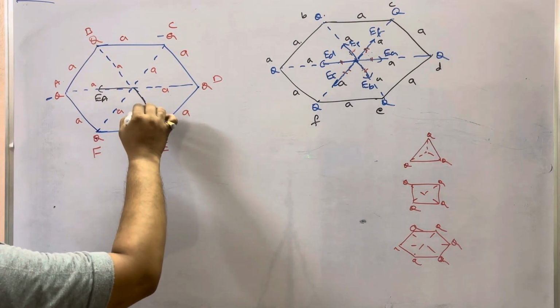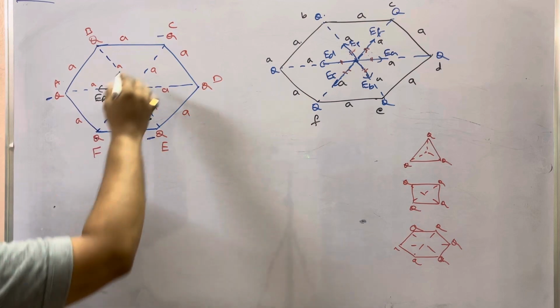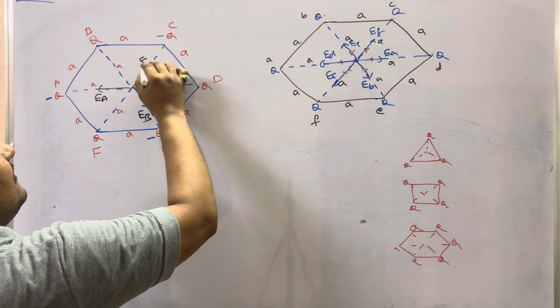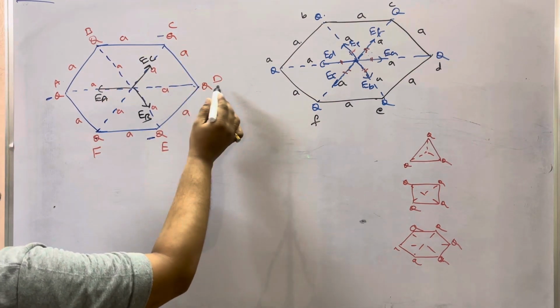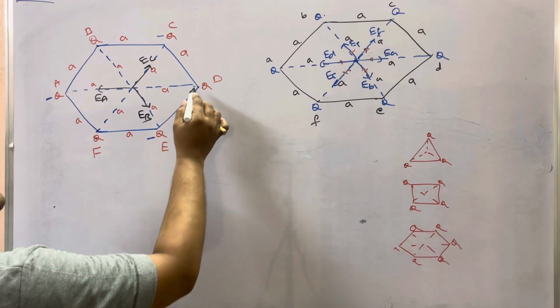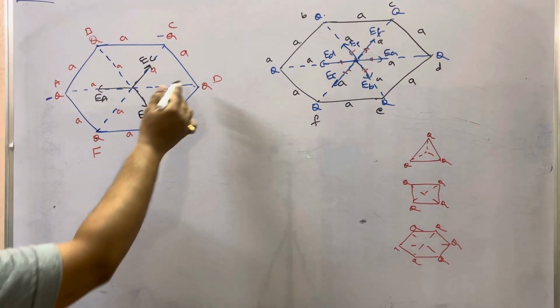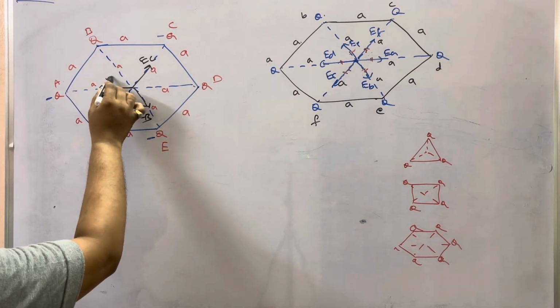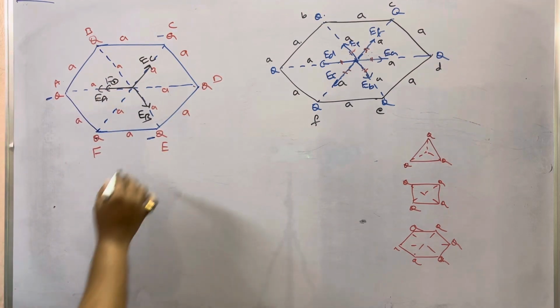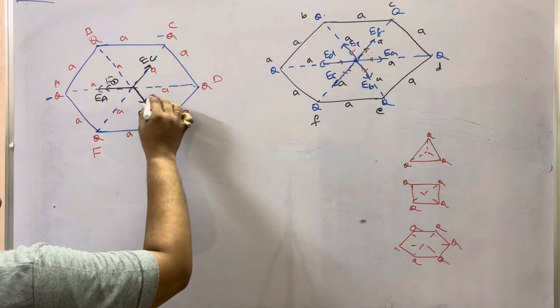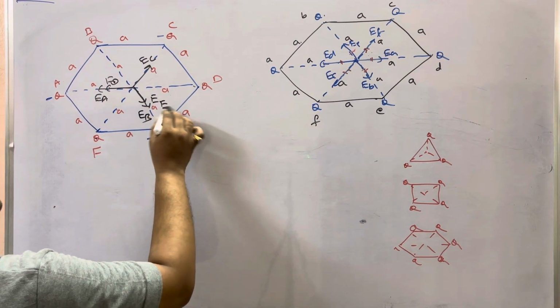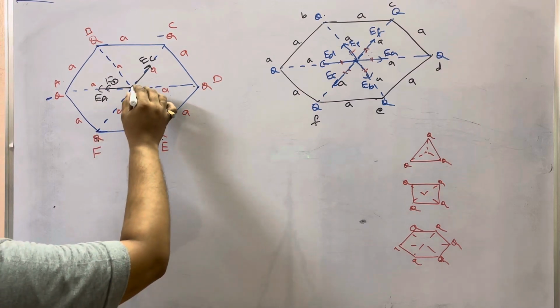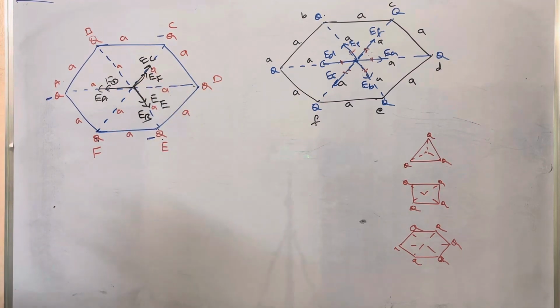EB, positive charge, away. EC, negative charge, towards. ED, positive charge, therefore away. EE, negative charge, towards. EF, positive charge, away.